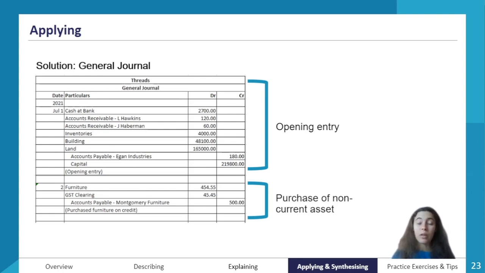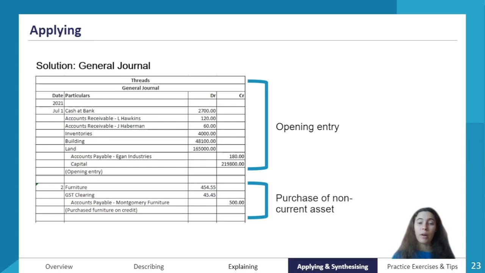Add in all of the figures that you've been given for those accounts, and then you work out the capital account by adding together all of the debits, and then from that amount you'll be able to subtract anything that's already in the credit column, because the capital amount should bring it to balance.